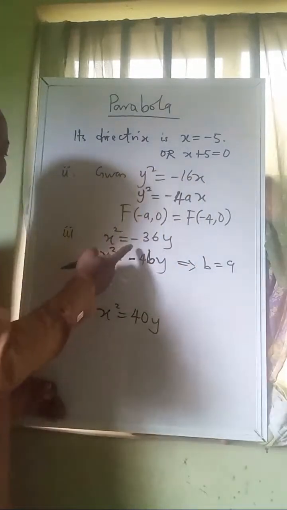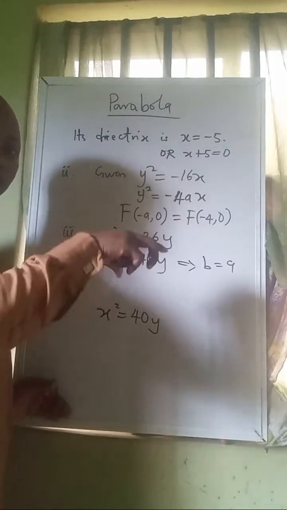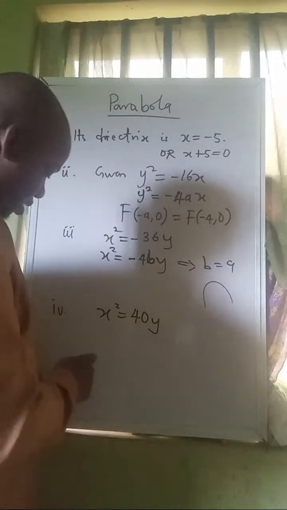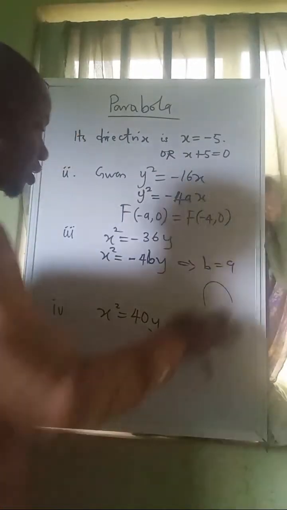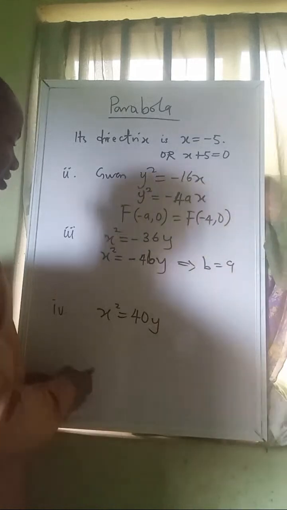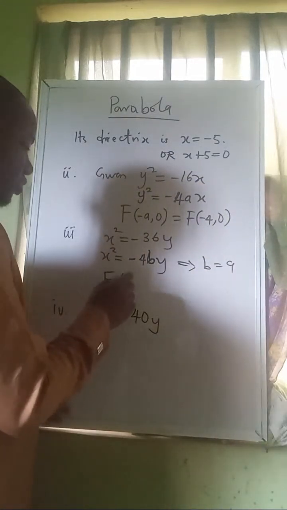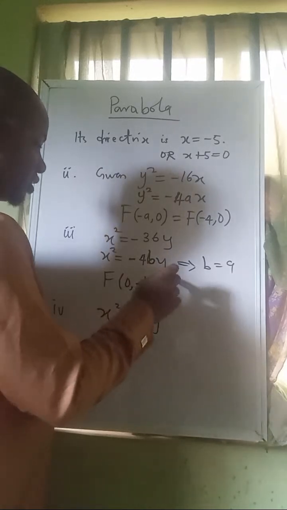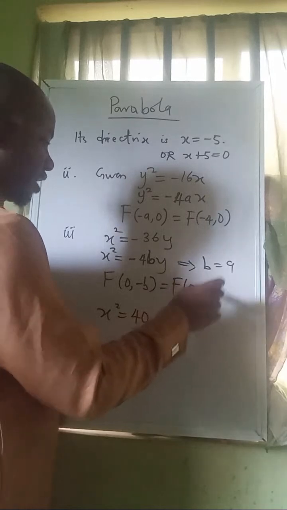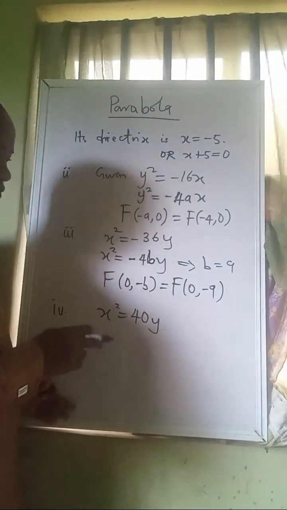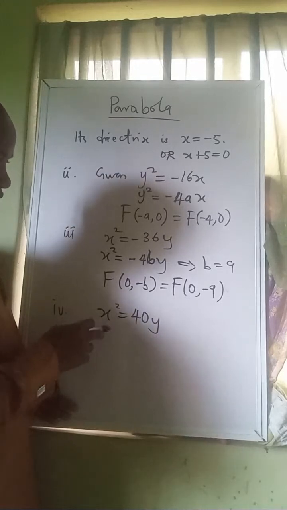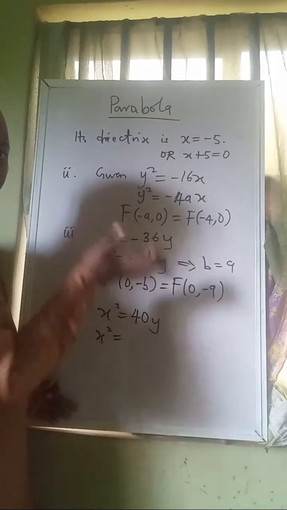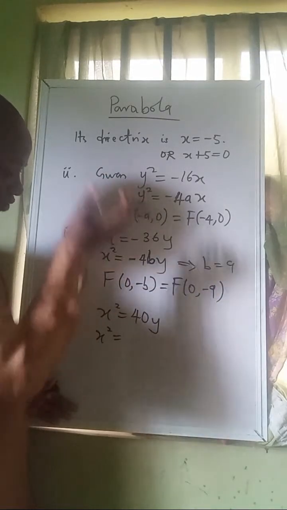Because of this negative, this is a parabola that looks like a dome, a parabola facing downward. So the focus has coordinates 0, negative b, and this will be F of 0, negative 9. Finally, this one is like that, but it is facing upward.